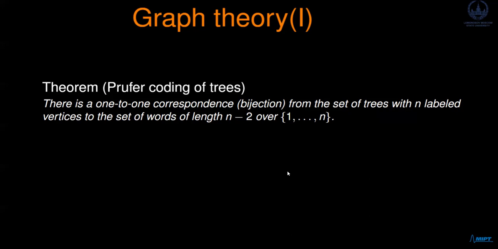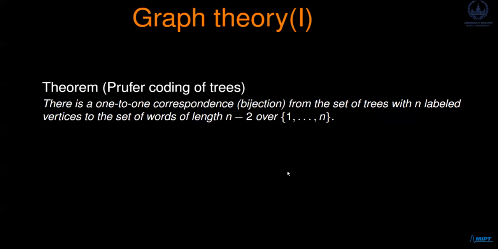Now we'll explore a fundamental result in graph theory, especially related to trees and how they can be represented using words. This is known as the Prüfer coding of trees.